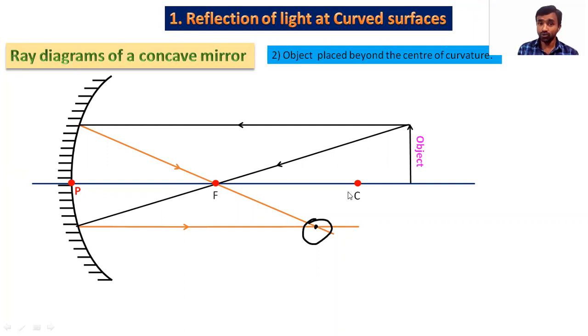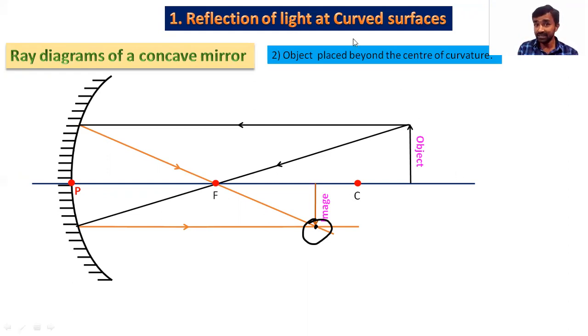So here, to show that image from this point, you have to draw a perpendicular onto the principal axis, as you see here. Look at why I showed the direction downward for the image, because that converging point by the reflected light rays is below the principal axis, right?